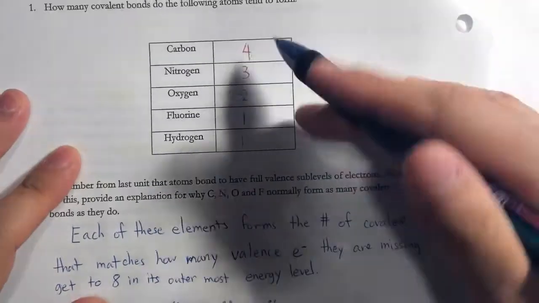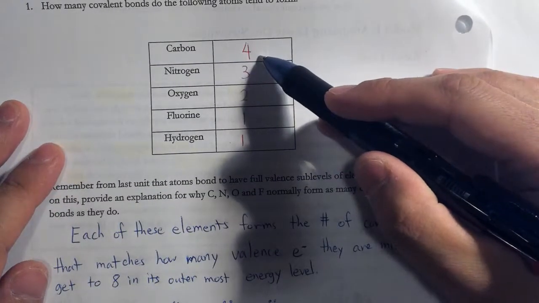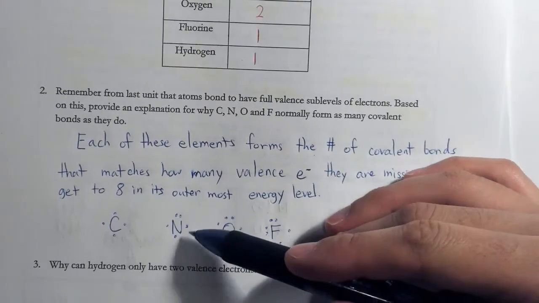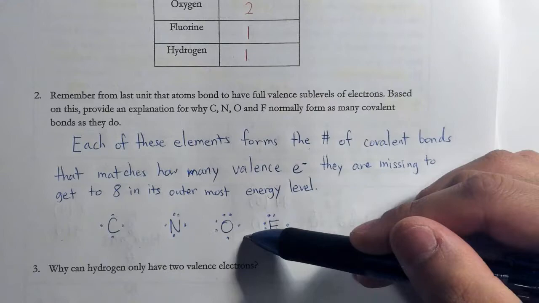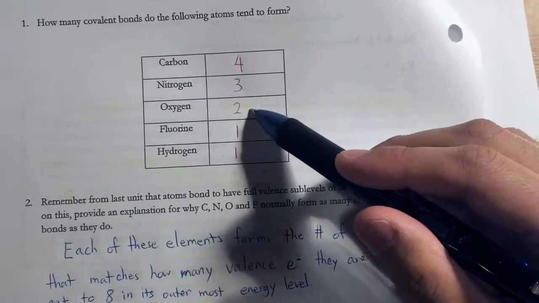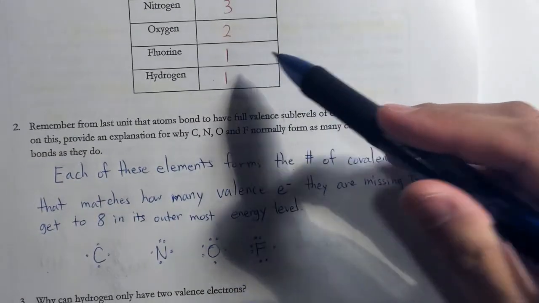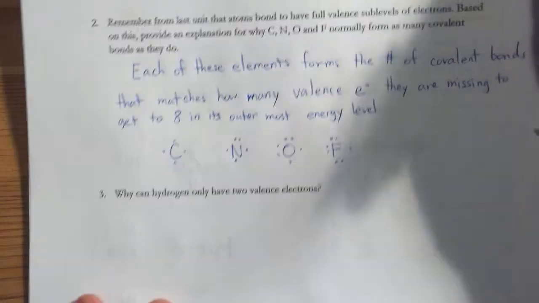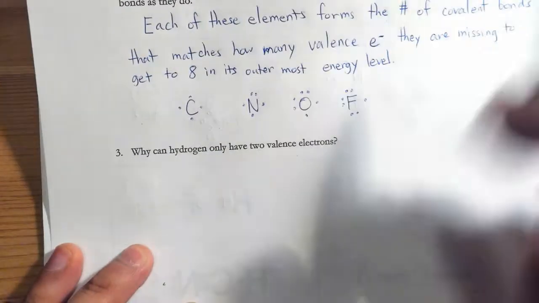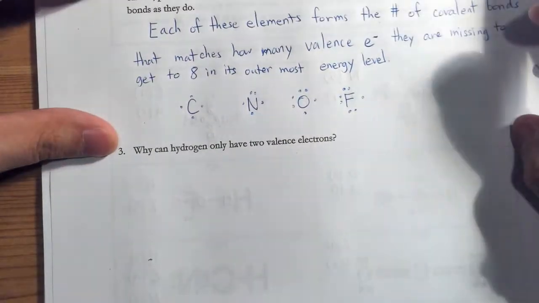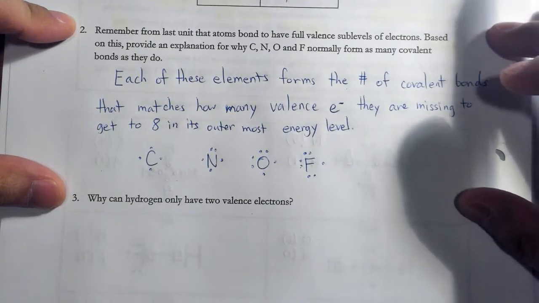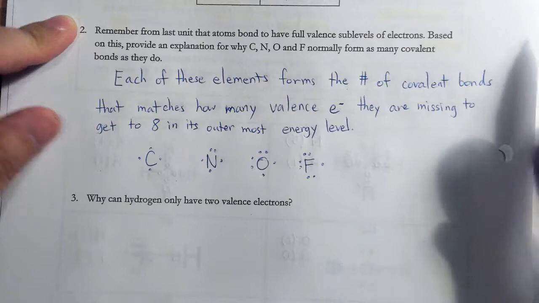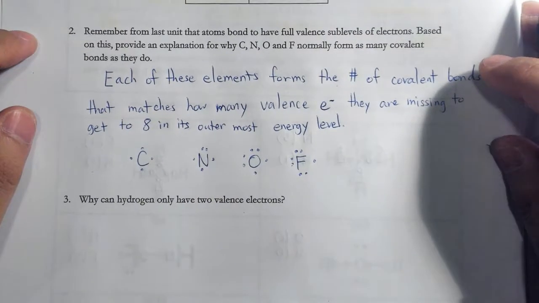Carbon has 4 covalent bonds that can be created. Nitrogen has 3. Oxygen has 2. And fluorine has 1. This is an important part, but I would say just review this answer and you will get the information.